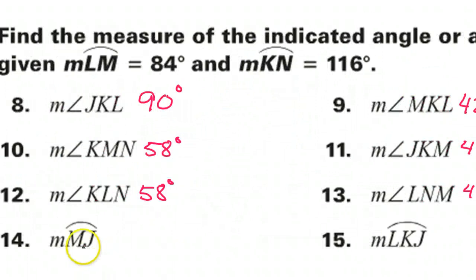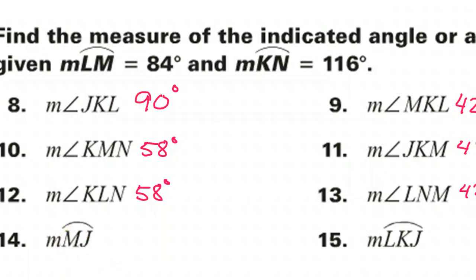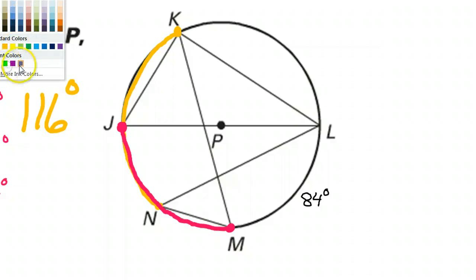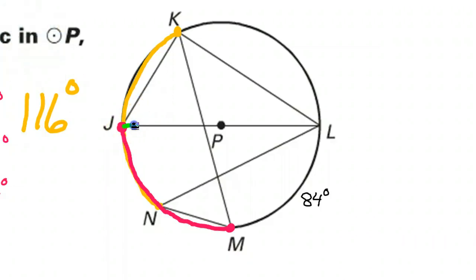Alright, let's take a look at number 14. Arc MJ. This pink arc is arc MJ. This is our target. The key that's going to help us is again recognizing that this is the diameter. That means the lower half of this circle is going to be 180 degrees, and that is made up of our target and this purple part, which is 84 degrees.